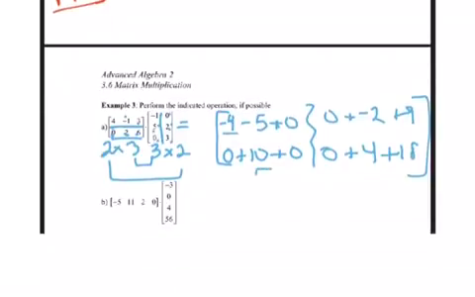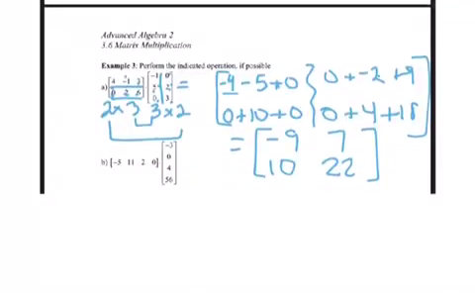So all together, I'm going to get negative 4 minus 5 is negative 9. Negative 2 plus 9 is 7. 0 plus 10 plus 0 is 10. 0 plus 4 plus 18 is 22. Okay, one more.